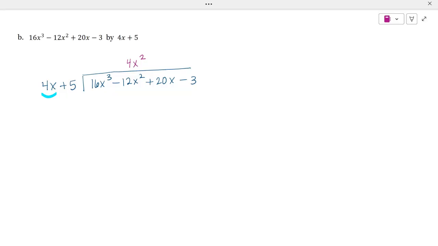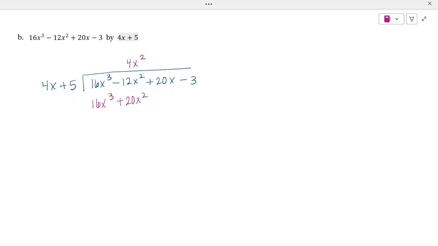Then I'm going to multiply the 4x squared by this binomial, and I'll get 16x cubed plus 20x squared.